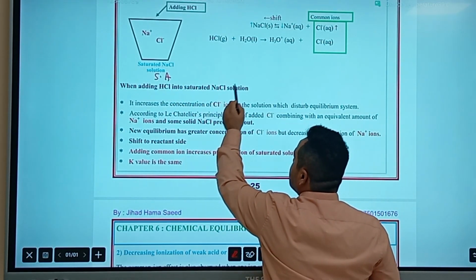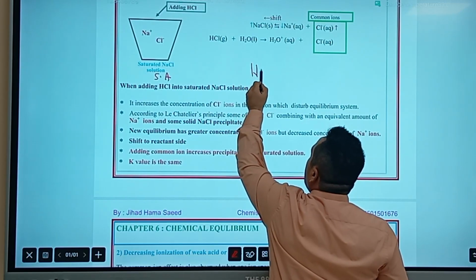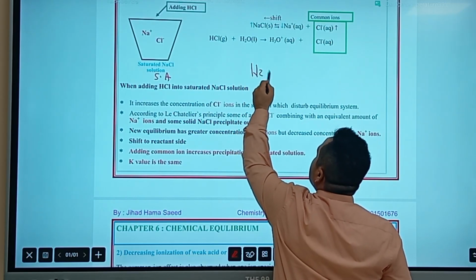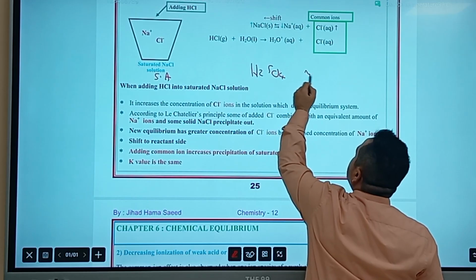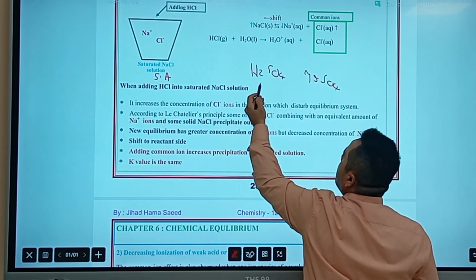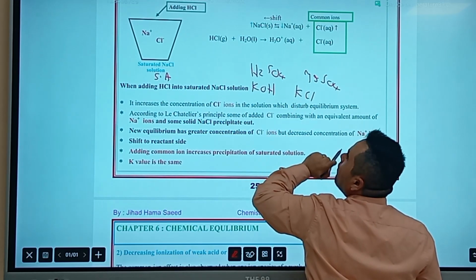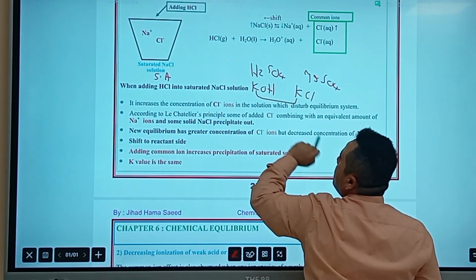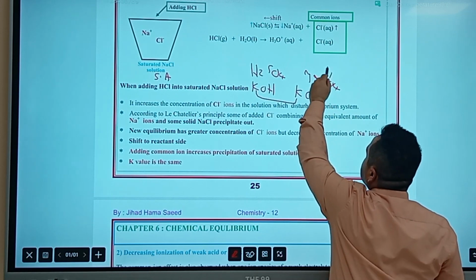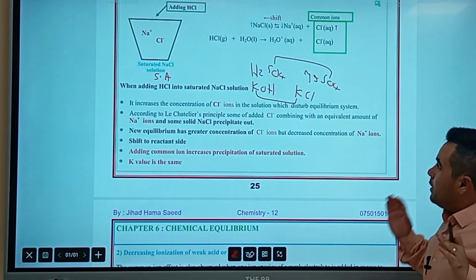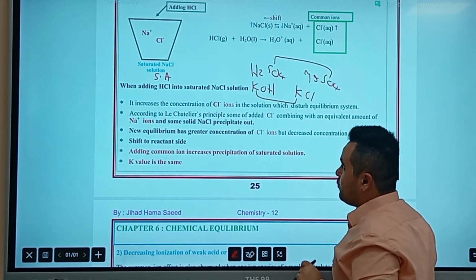HCl, NaCl, H2SO4, MgSO4, KOH, KCl. Okay, here in this case the positive ion becomes the common ion; sulfate is the common ion. That's how we can provide examples.